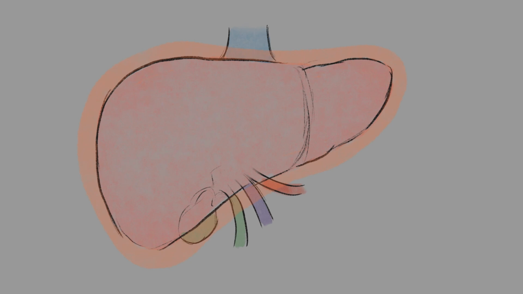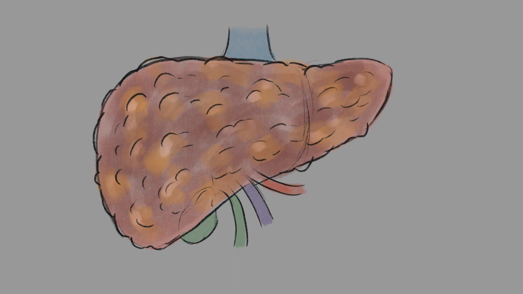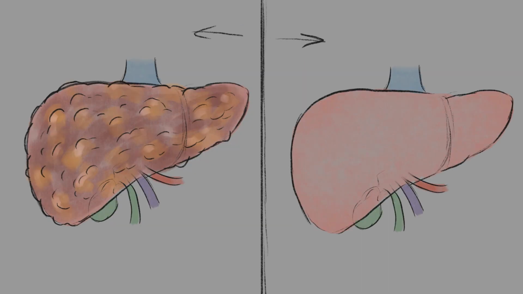Chronic inflammation can lead to the development of scar tissue, known as liver fibrosis. If the scar tissue damage becomes extensive enough, it can lead to cirrhosis and severely reduce normal liver function and its ability to regenerate. Damage to the liver can also lead to the development of nodules or liver cancer.